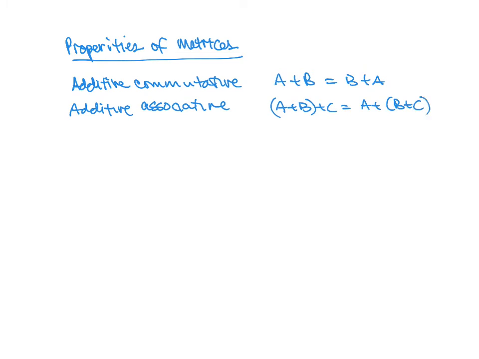That also works. Then you looked at the distributive property. What that means is if I take some scalar 2 and have it by some matrix A, I will get the same thing. I would get 2A.